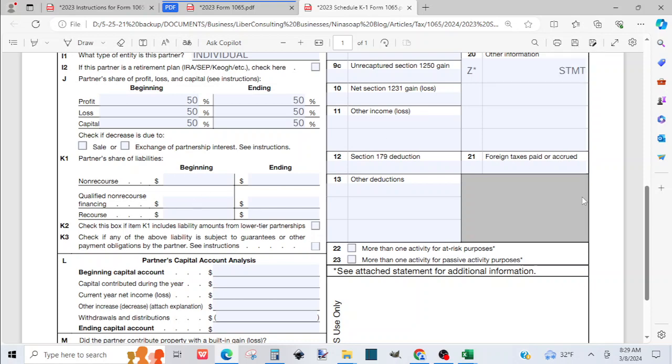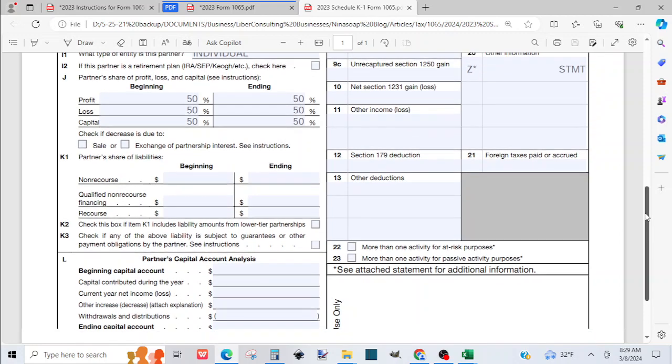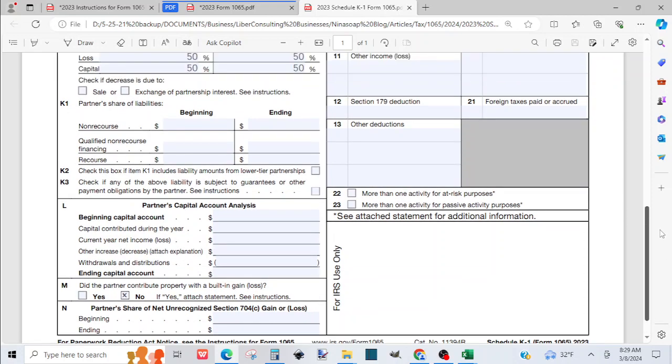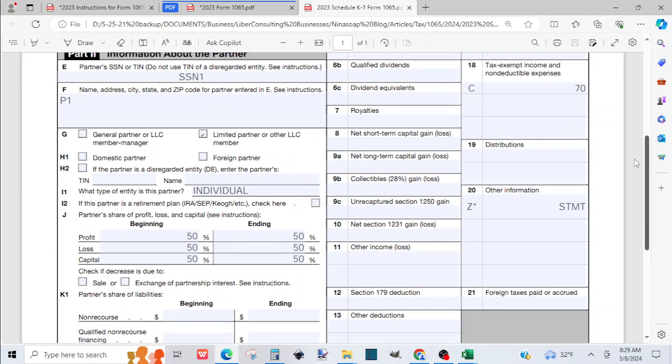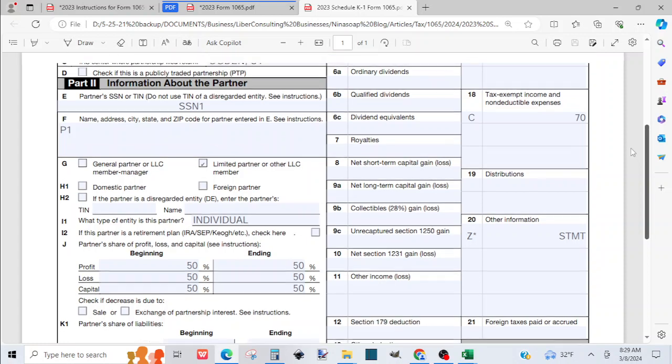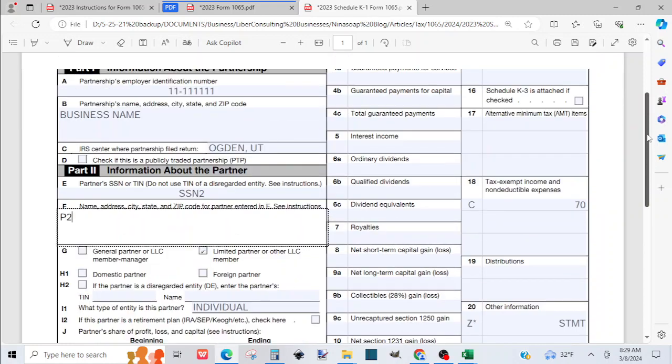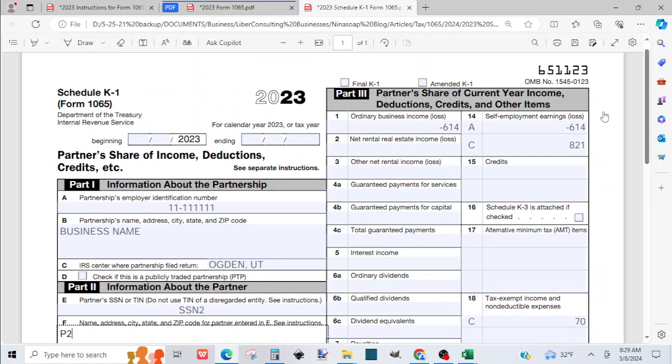And then we can create the second one, and that concludes one Schedule K1. Because they are 50% ownership each, we will create a second one for the second partner. So partner 2, everything else will remain the same, and we will save it.